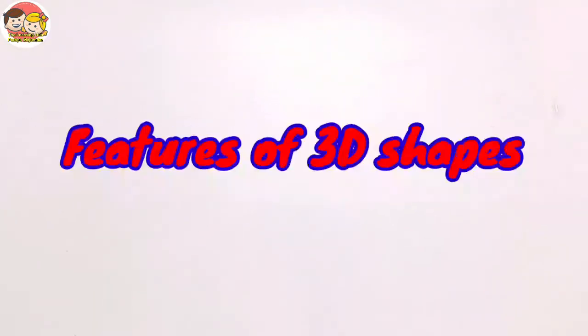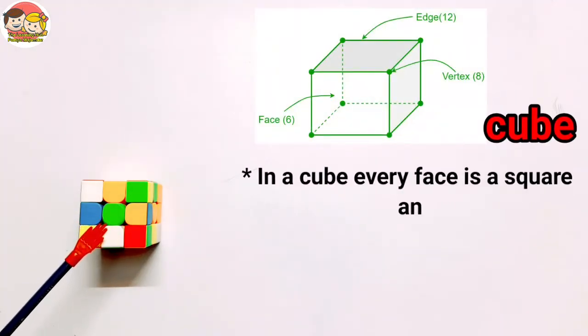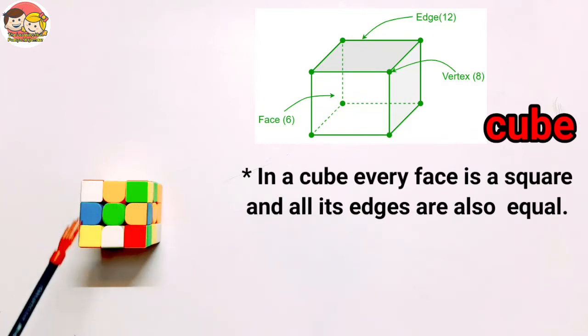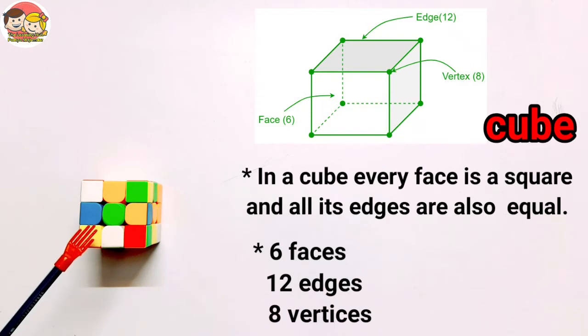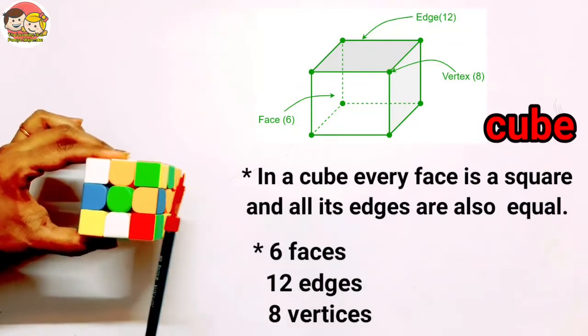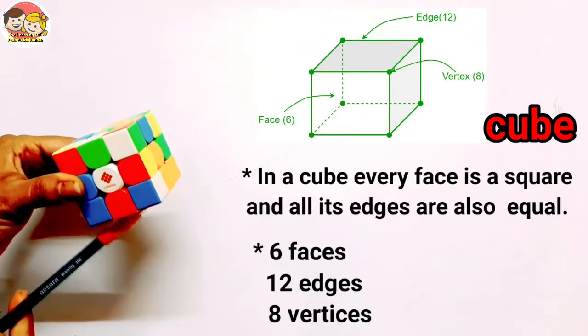Now let's discuss the features of different 3D shapes. So let's get started. This is a cube. In a cube, every face is square and all its edges are also equal. It has 6 faces, 12 edges, and 8 vertices. Let's see. 1, 2, 3, 4, 5, 6.